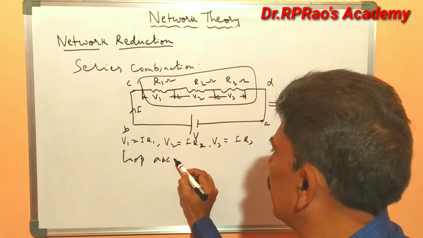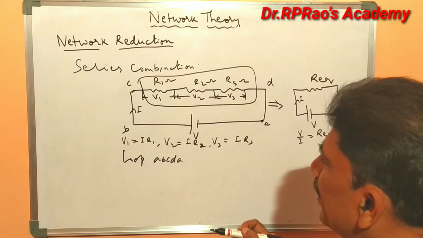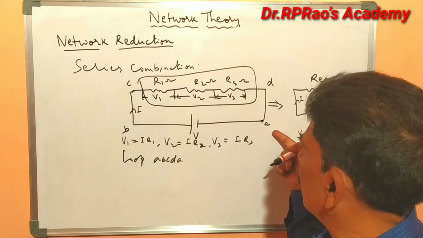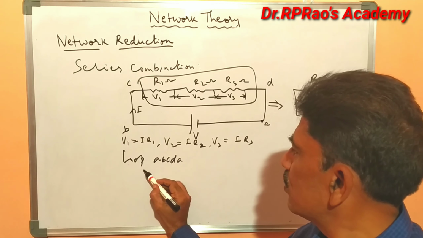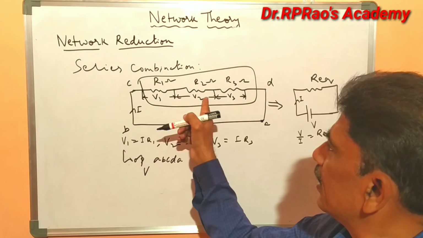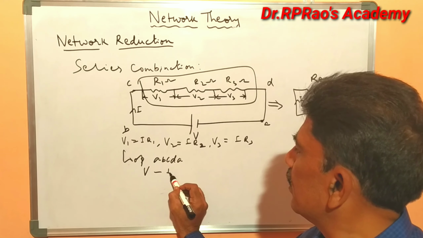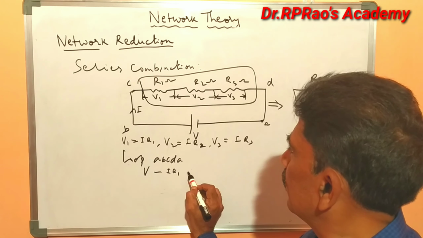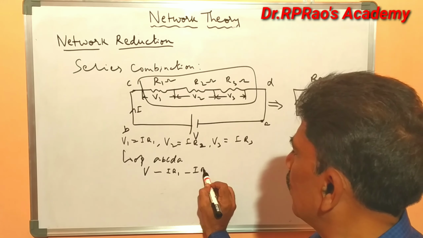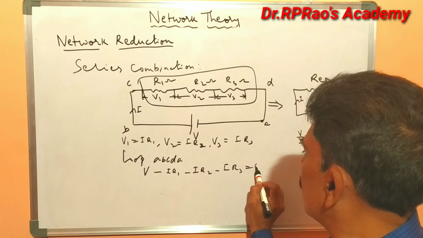In loop A, B, C, D, A, let us apply KVL now. In the branch AB, there is a rise in potential, so plus V, and in the other branches, in the direction of current, so minus I into R1 minus I into R2 minus I into R3 is equal to 0.